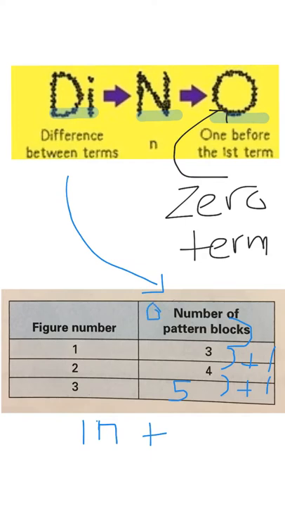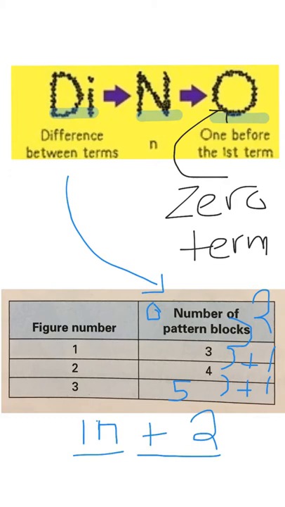And I'm going to subtract 1 from 3. So 3 minus 1 is 2. So my answer then becomes 1n plus 2, which is essentially 1 times a number plus 2. Now I could use this algebraic expression to figure out the number of pattern blocks that would be needed for any figure number that I wanted.